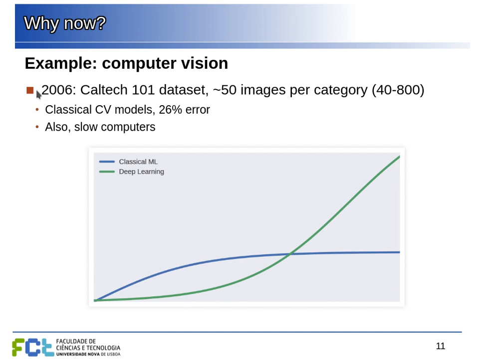In 2006, there was this computer vision competition using a data set that had about 50 images per category, ranging from 40 to 800, but on average around 50, and had 100 categories of different objects. Classical computer vision models could classify the test set making around one mistake every 4 images or something like that.